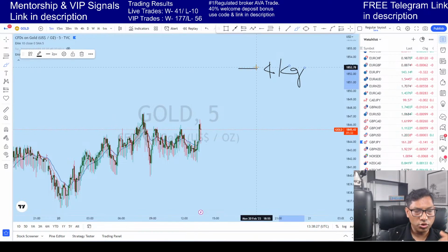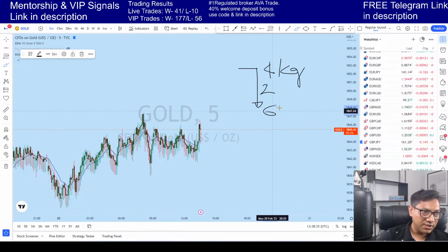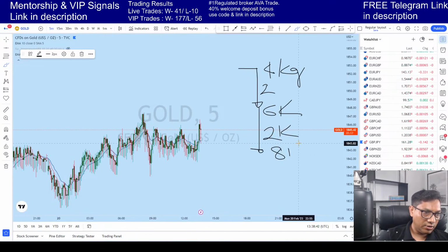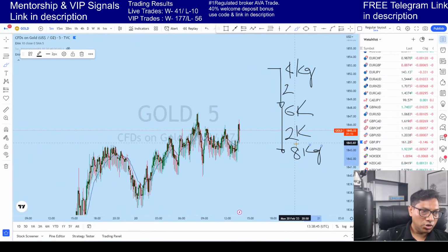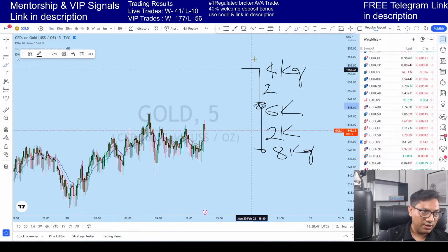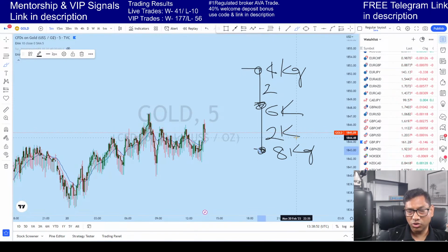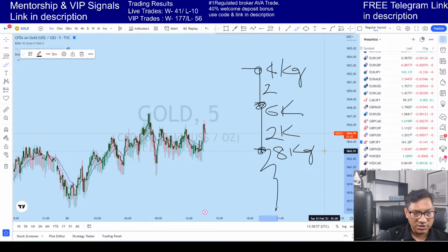When the price is here, add 2 more kilo, so the lower, the heavier, 6 kilo. Now again, when the price is here, add another 2 kilo, it is 8 kilo, right? What that means is that the lower it comes, the heavier it becomes, which means the faster it will drop. So instead of thinking about the price, think in terms of weight being put on it.